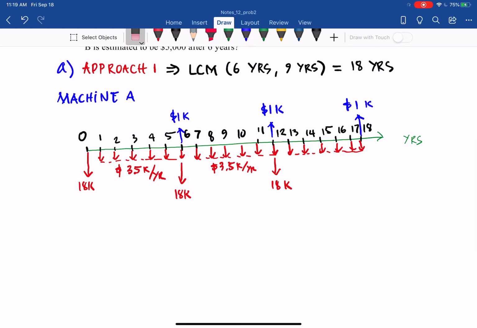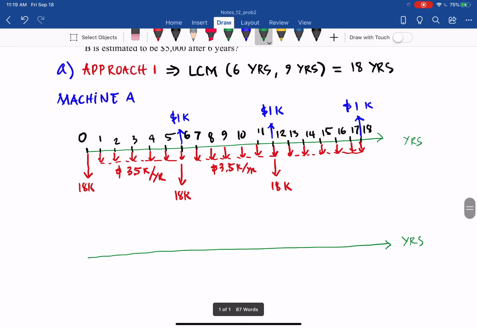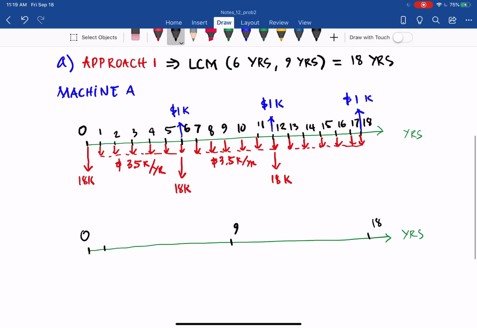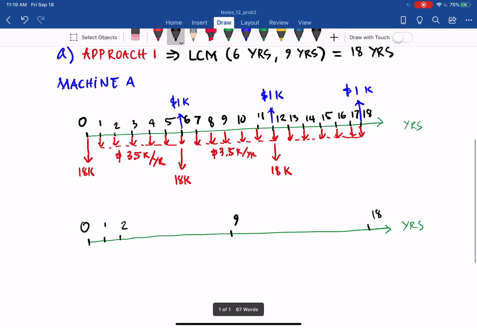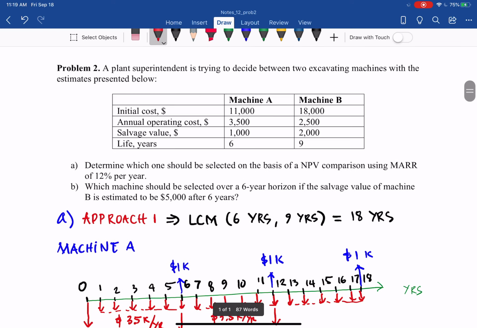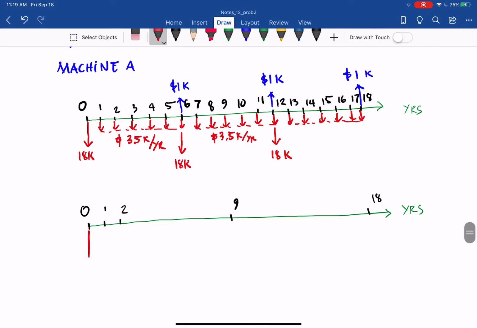And similarly, you can do the same for machine B, machine A is 6 years and machine B 9 years. So we replicate one time. 0, 9 years, 18 years. Then we have spending 18,000 at the first year.